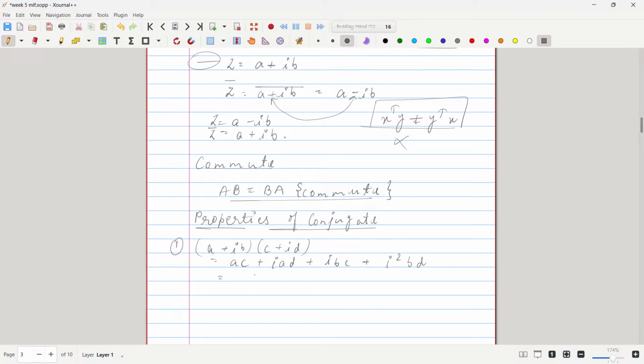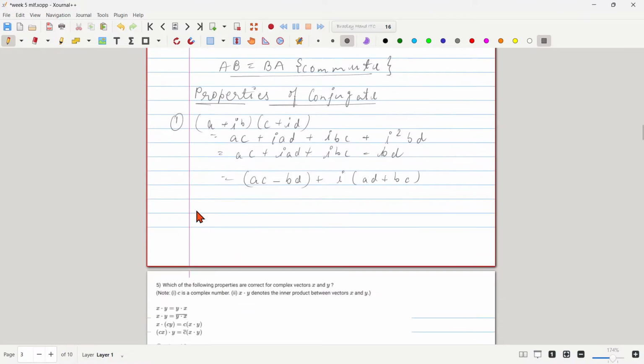I square is minus 1, so this will come as ac plus iota ad plus iota bc minus bd. Taking the real part, it is ac minus bd plus iota times (ad plus bc).